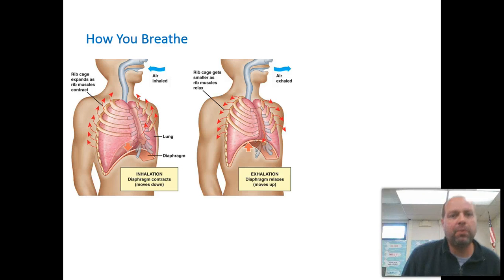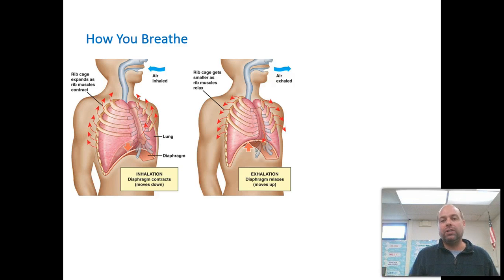All right. How we breathe. When we breathe, it's mainly our diaphragm that moves up and down rhythmically, as well as rib action. Sorry, when you breathe in, the diaphragm goes down, air comes in, your ribs relax.